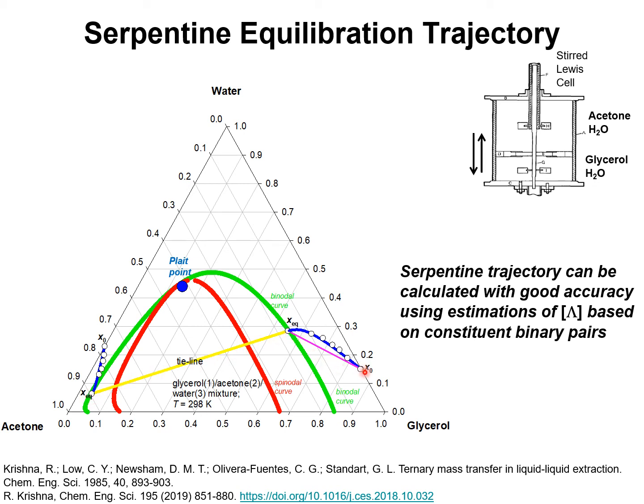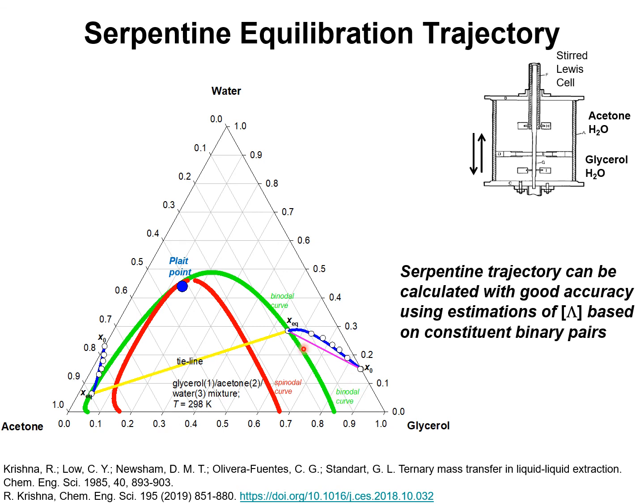So in the glycerol-rich phase, the equilibration trajectory is from x0 to xeq, and in the acetone-rich phase, the equilibration is along this line. Note that the trajectories are not linear, but curvilinear or serpentine.